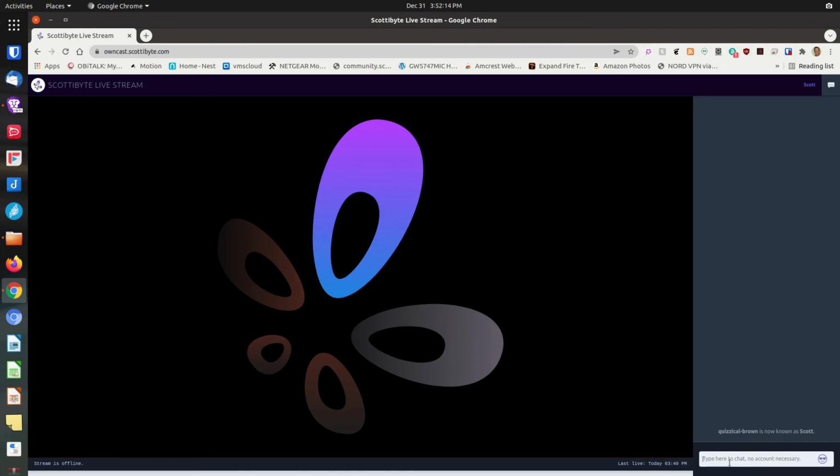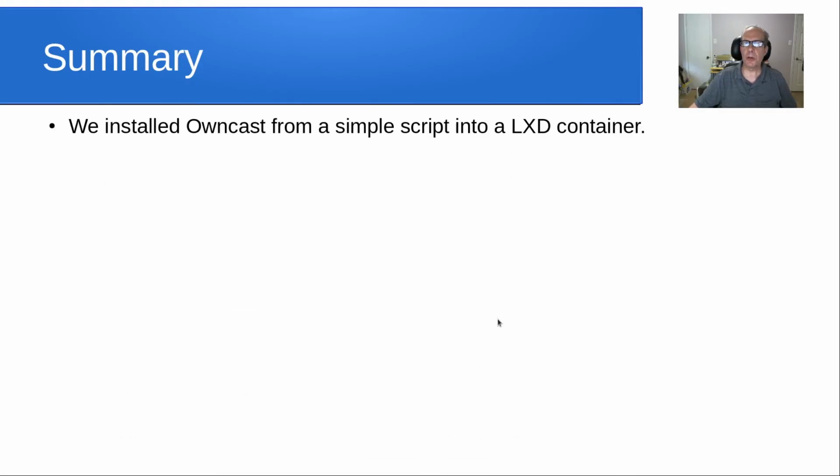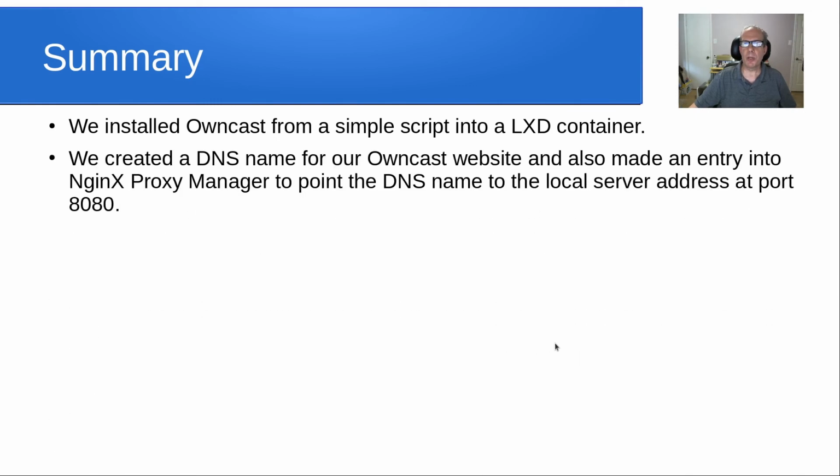In summary, we installed Owncast from a simple script to an LXD container. We created a DNS name for our Owncast website and also made an entry into Nginx Proxy Manager to point the DNS name to the local server address at port 8080 so that users could connect.